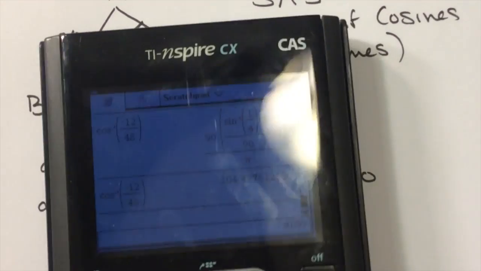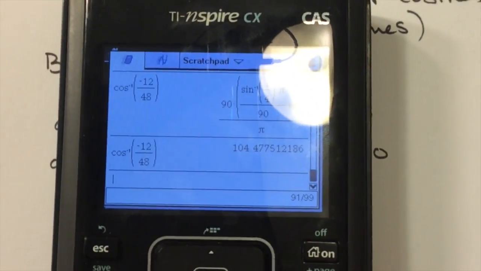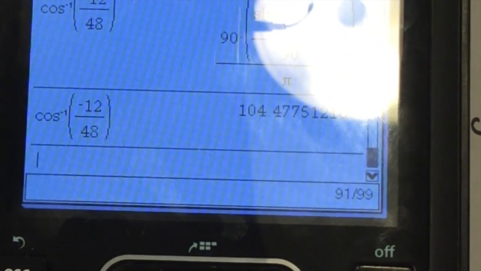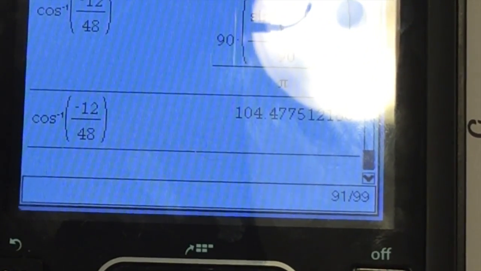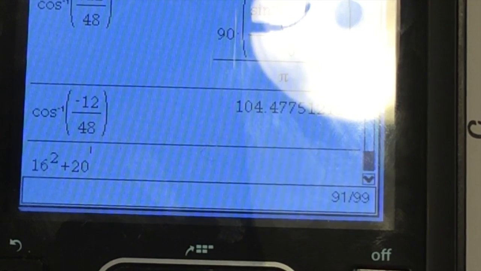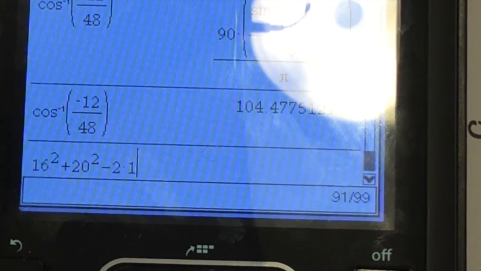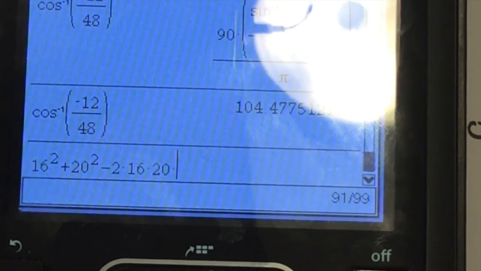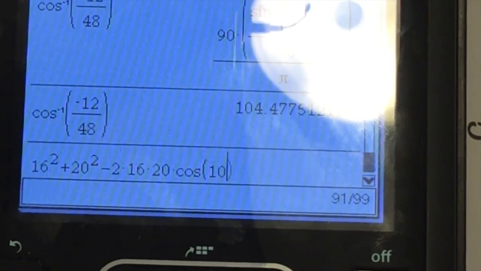Now, all I have to do is type this into my calculator. So if I zoom in just a little bit so we don't have so much glare, I'm going to type in 16 squared plus 20 squared minus 2 times 16 times 20 times cosine of 100.